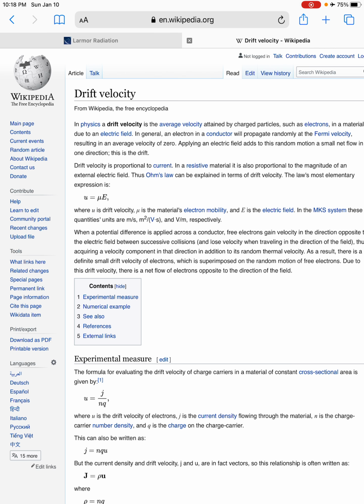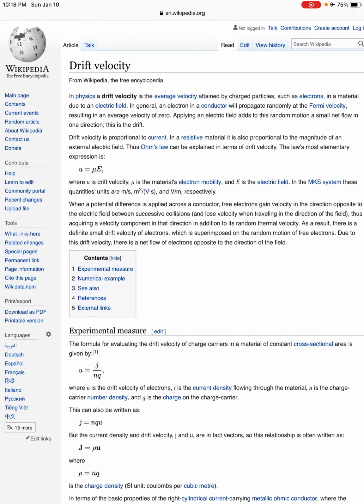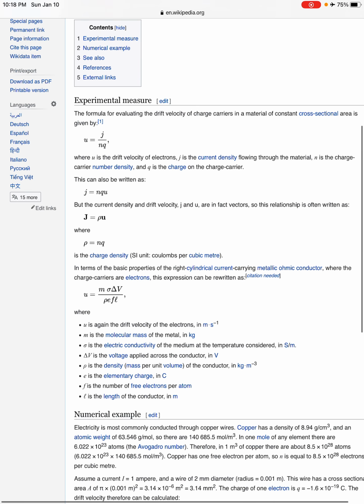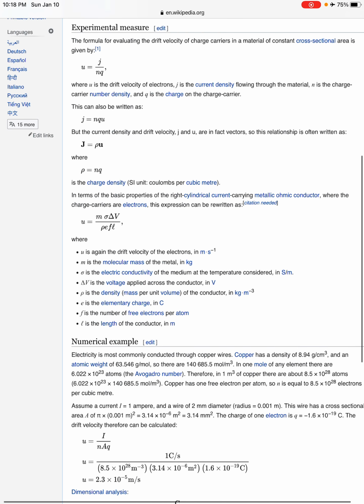Okay, Wikipedia defines the drift velocity as the average velocity attained by charged particles, such as electrons. We have a formula for the drift velocity here. The drift velocity is equal to m, the molecular mass, times the electrical conductivity times the voltage, divided by the density, divided by the elementary charge, divided by the number of free electrons per atom, divided by the total length of the conductor.